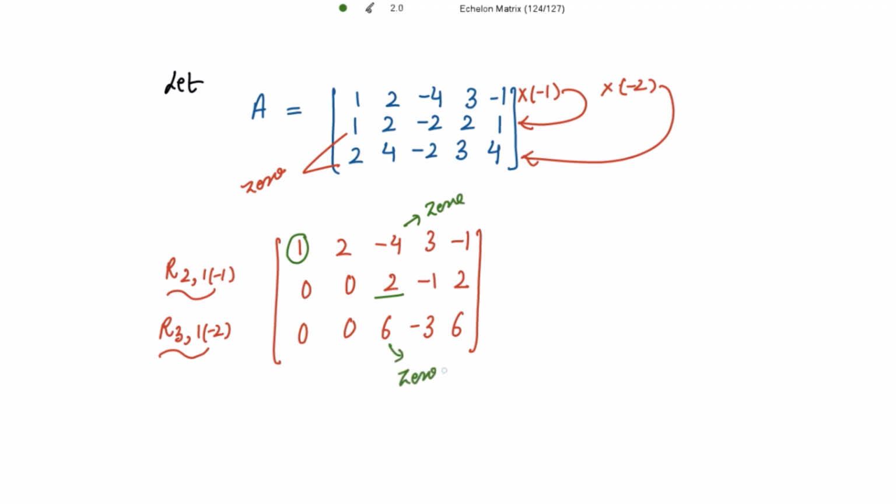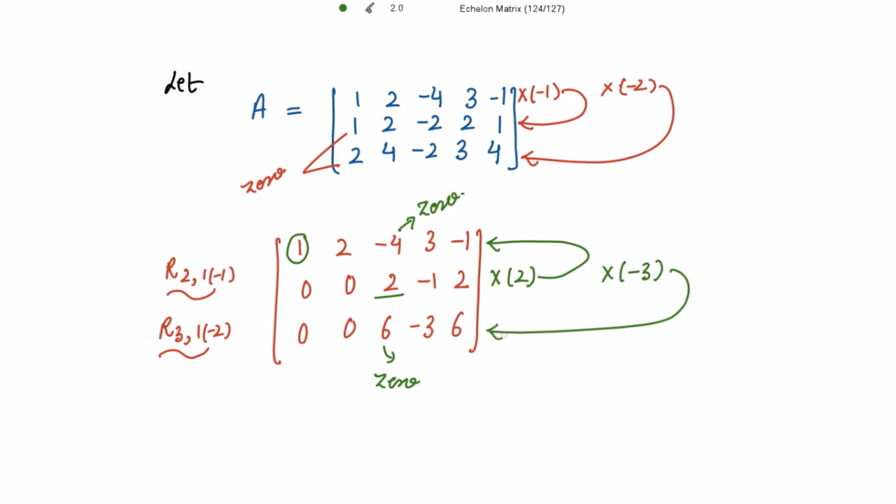To make this the leading element, I need to make -4 to be 0 and the entry 6 to be 0. To get 0 in place of -4, I need to multiply row 2 with 2 and add its elements to row 1. To get 0 in place of 6, I need to multiply row 2 with -3 and add its elements to the third row.